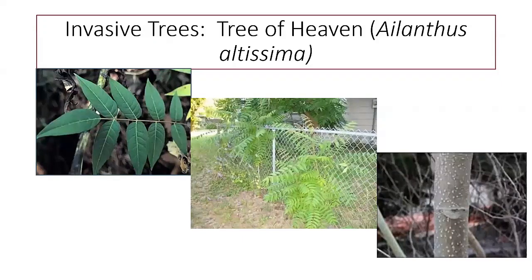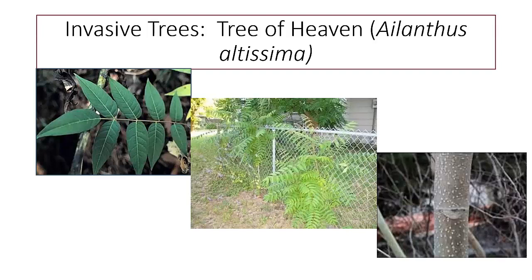The way that you can differentiate the tree of heaven is it is a compound leaf. It has this terminal leaflet. And on each of the leaflets, you'll find a small tooth. And on the back of that tooth is a gland. So this is the compound leaflet. This is what some small tree of heaven would look like. And this is what you will see on the bark of a young tree of heaven.